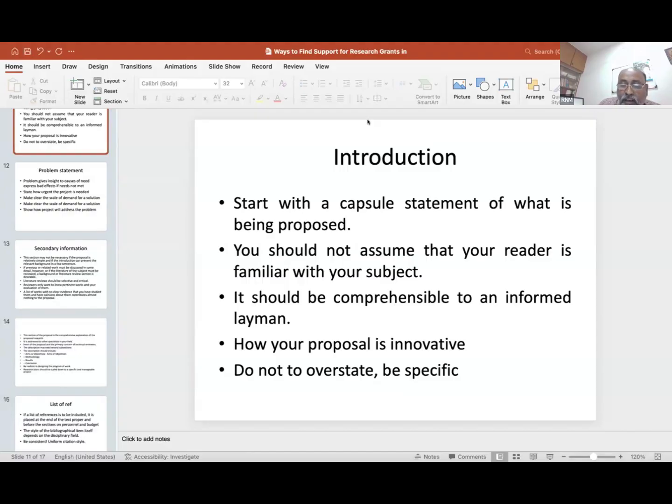So in the introduction, you have to emphasize that your proposal is innovative.